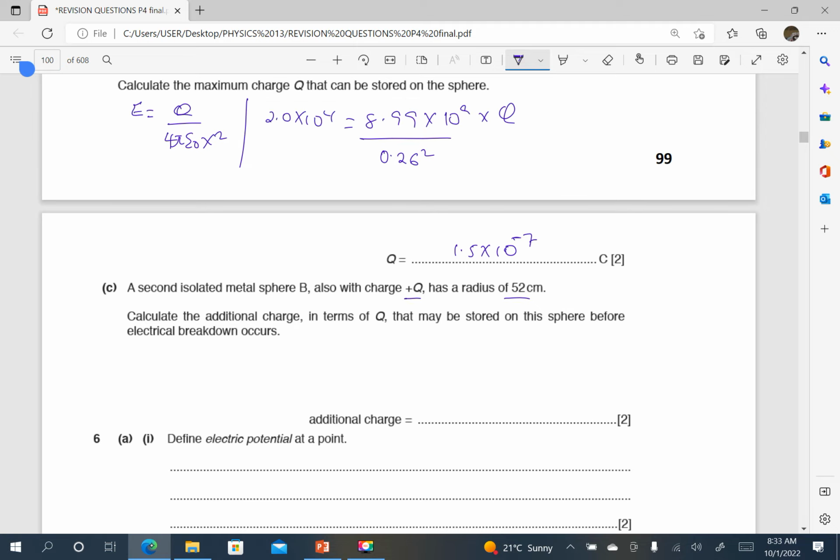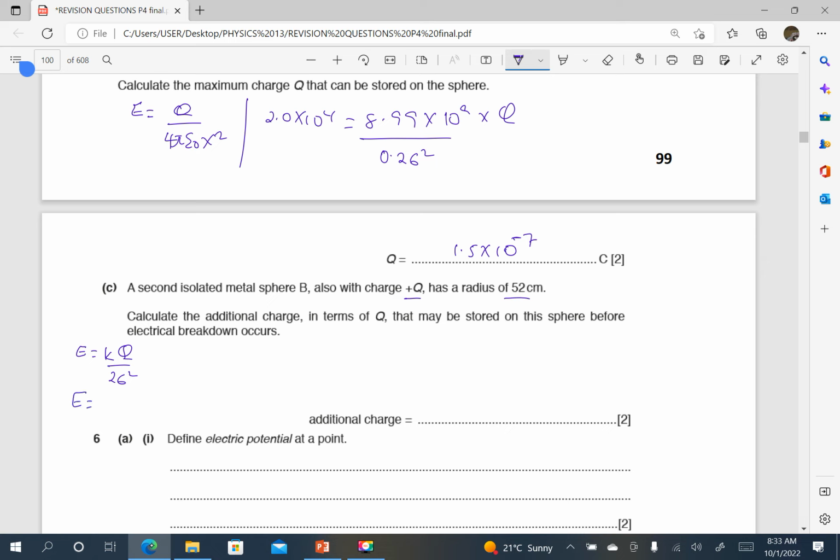So for the first one, E was equal to the first charge, I'll just put there, times K over the radius, which was 26. I will not change the units, 26 squared.